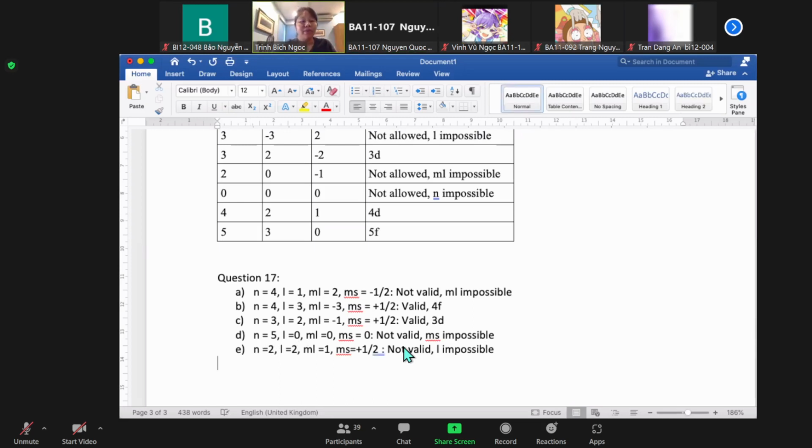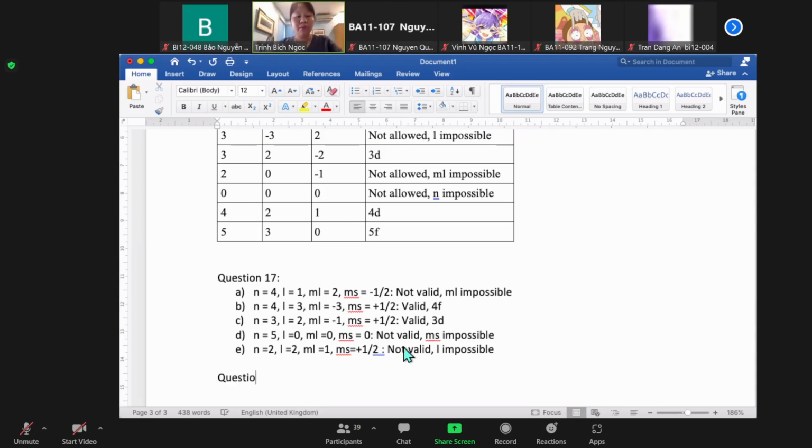Okay, so we finish with our quantum numbers. We move to the electron configuration.